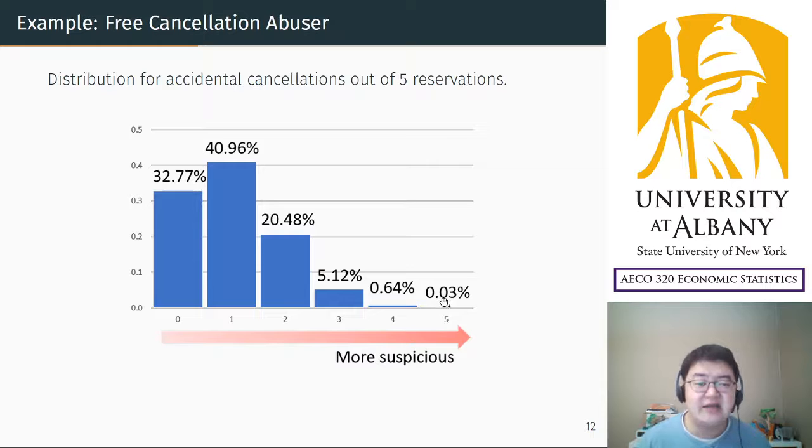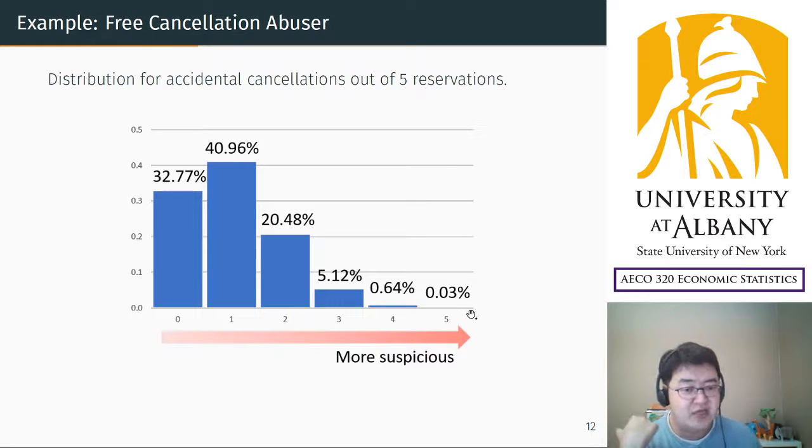So 0.03% of customers are innocent but just super unlucky. They were sick 5 times, whenever it just happened to be the reservation date. Anyhow, we don't know who the abusers are. Seemingly, to the airline company, they are very suspicious. We don't know if it's intentional or not. They are just suspicious. There is no other way.